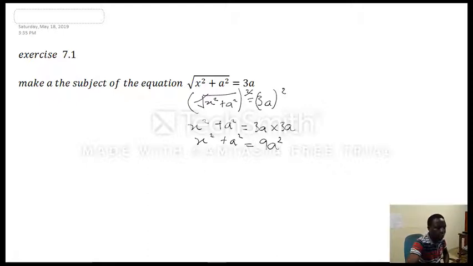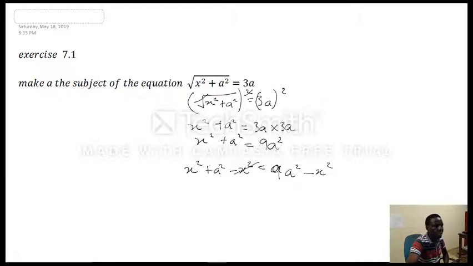Next, we are to undo the operation of addition by subtracting x squared from both sides. So we have to subtract x squared from both sides. We have x squared plus a squared minus x squared is equal to 9a squared minus x squared.